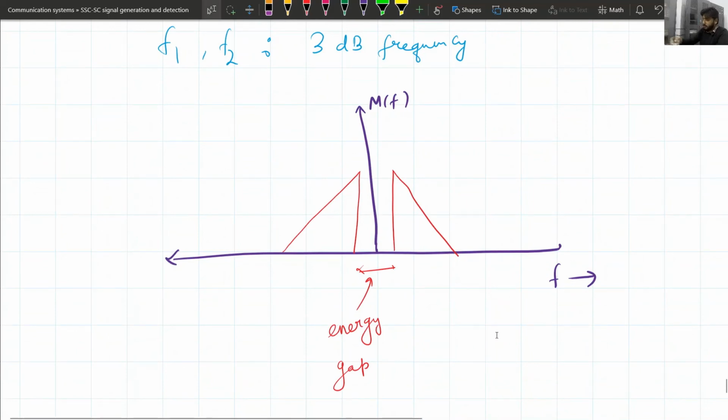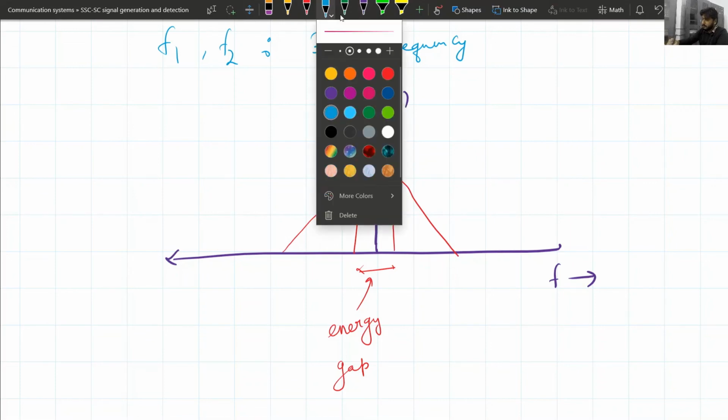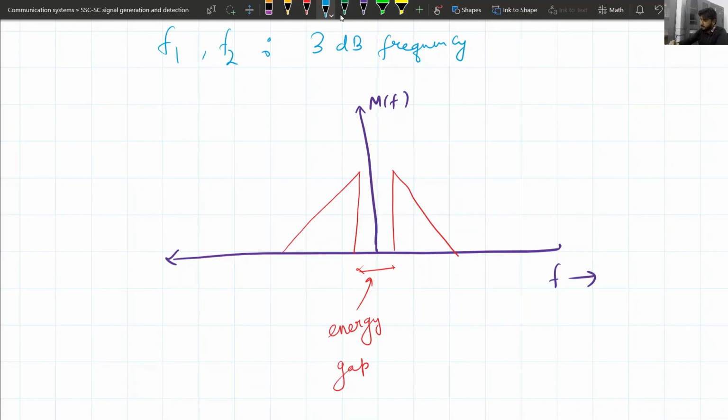And now if you apply the band pass filter here, then you can see it will not overlap with the lower sideband.